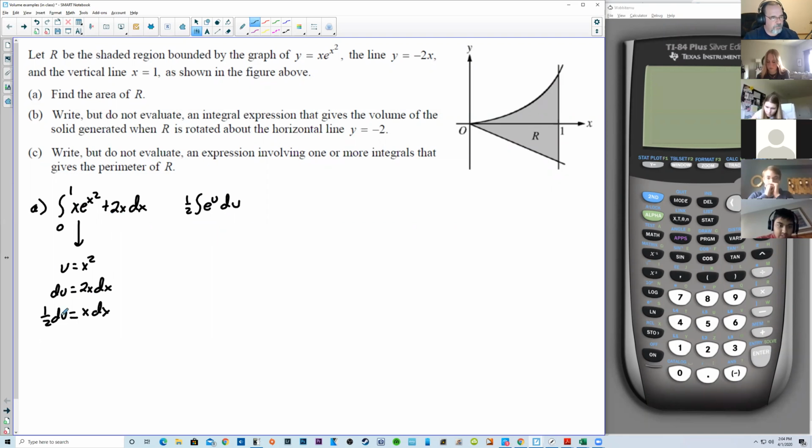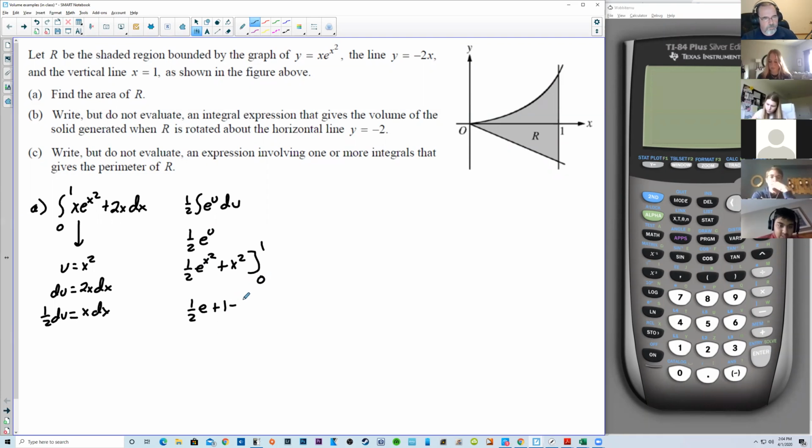So the x dx becomes 1/2 du, e to the x squared becomes e to the u. So the antiderivative of e to the u is e to the u, but that's going to be 1/2 e to the x squared, because that's what u is. And then plus x squared. And we're integrating from 0 to 1. Now when we plug 1 in, we get 1/2 e plus 1.